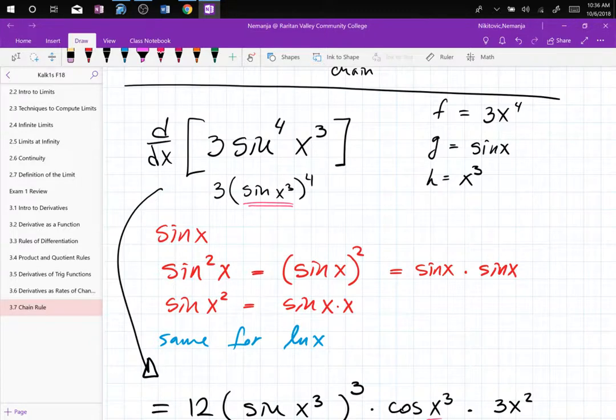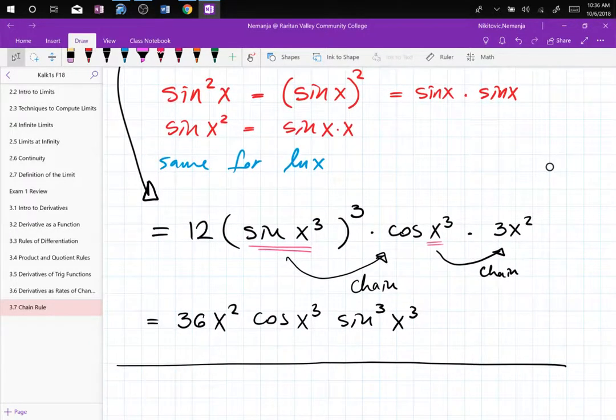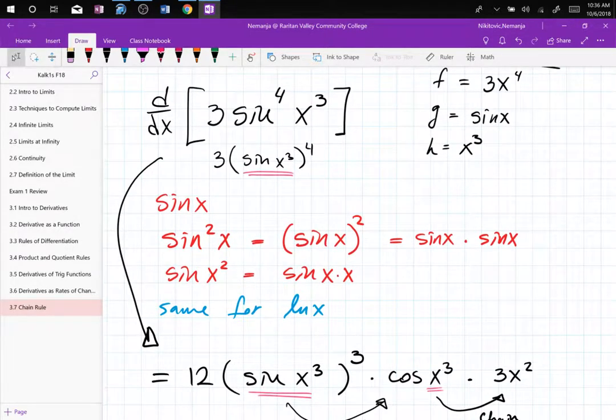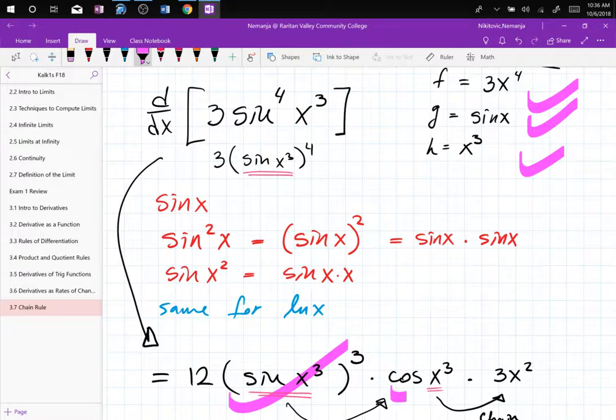Yeah. Because a student asked me before, why do we stop? How do we know when to stop? Because technically the next one is 6x, and then 6, and then 0, and then 0, 0, 0, right? Well, in that case, every derivative pretty much would be 0, right? So this is why I did what I did in pink. I said 1, 2, 3, 1, 2, 3, stop.